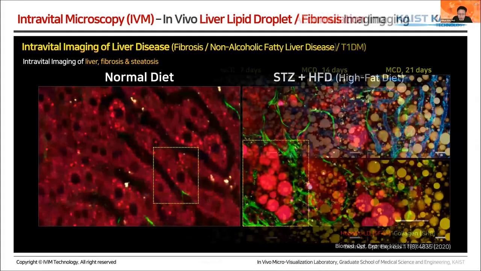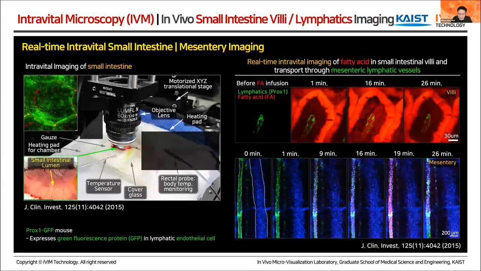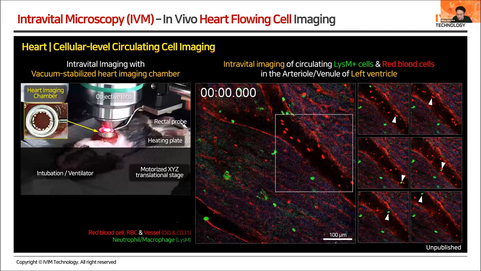We use our own software to acquire the image, and for analysis, you can use other third-party software as well. We provide our own visualization software, IBM Studio, but you can easily use other software like Imaris for analysis.